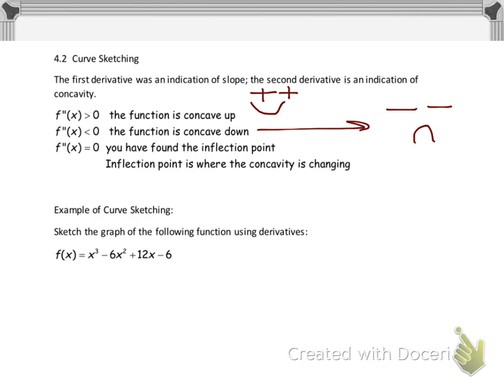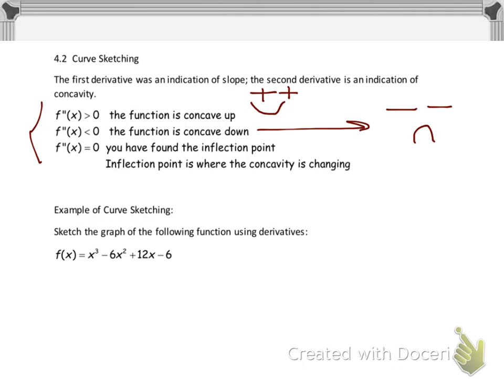And these little faces are very helpful. When your second derivative is 0, you have found the inflection point. And the inflection point is where the concavity is changing from either concave up to concave down, or from concave down to concave up. Okay, so this is important to understand in terms of how you analyze the second derivative.